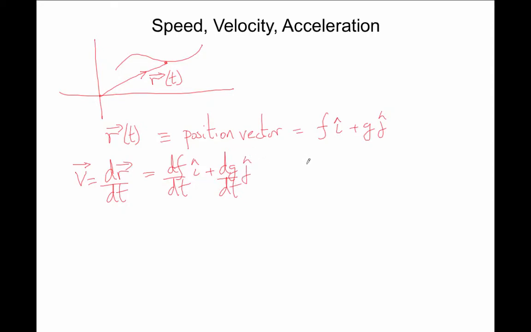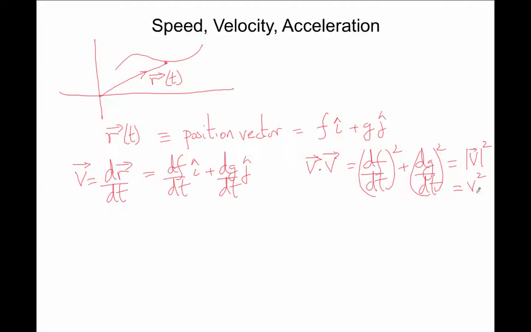And from here, the speed, which is v dot v or v squared, this over here is (df by dt) squared plus (dg by dt) squared, and this is what we call the square of the speed. So denoting the magnitude of v, this is written as magnitude of v squared, or sometimes people just write it as v squared.